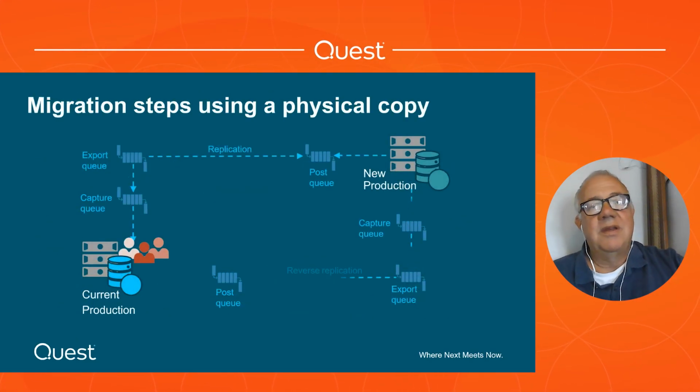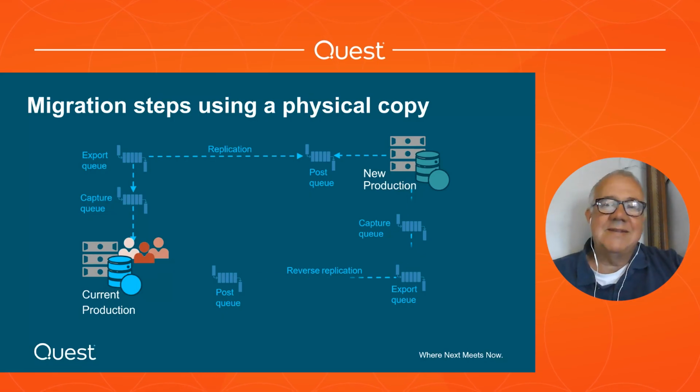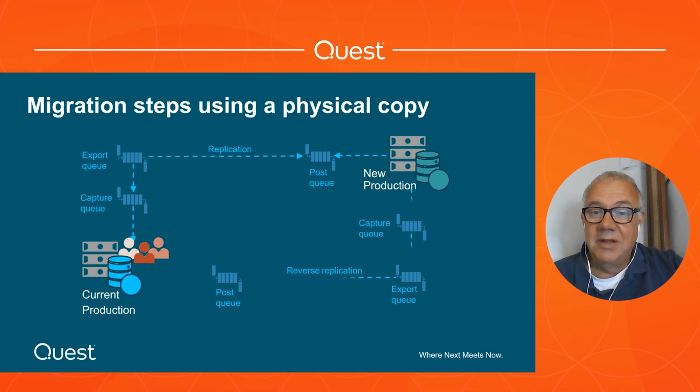Now, I didn't mention that you can also, during this migration, replicate back the other way. This is significant because if there's something wrong in the new environment, that's okay. SharePlex gives you this insurance policy.